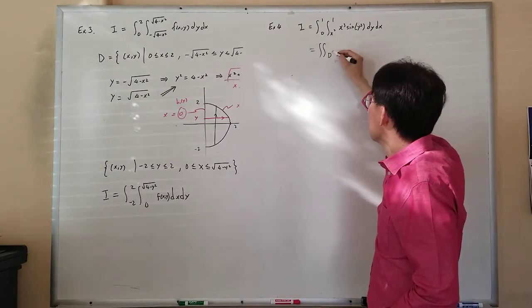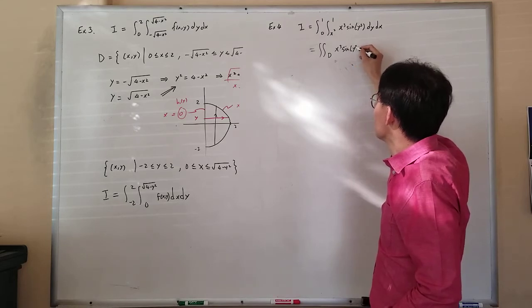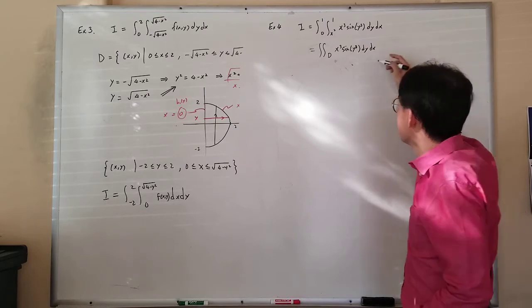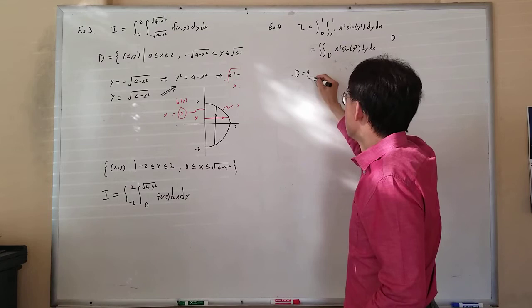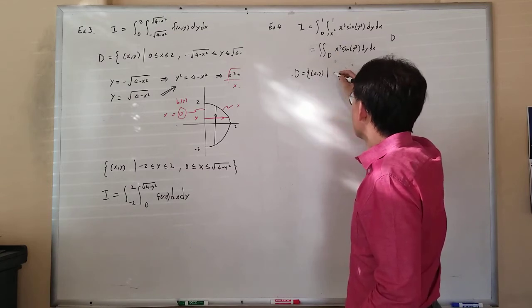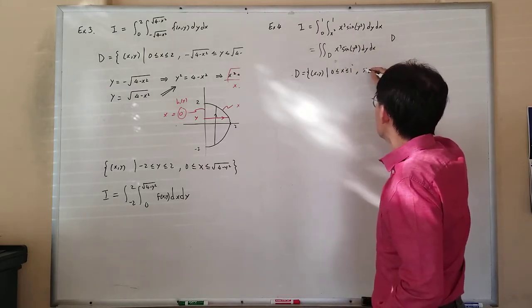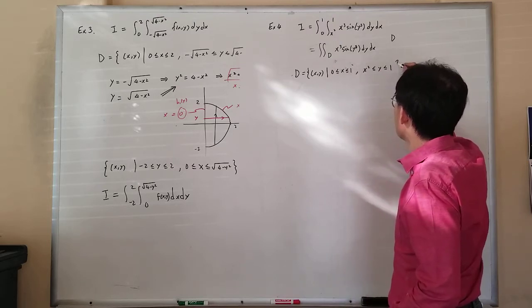So this is the domain of the double integral of this thing. Now, your domain here is given this way. X runs from 0 to 1. We're given x squared to 1 for y.